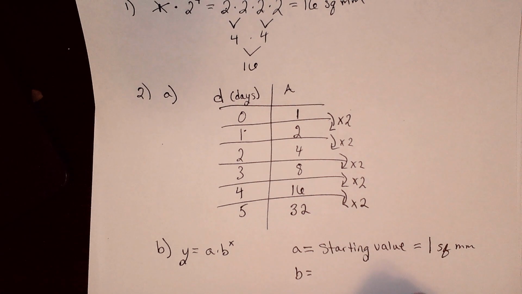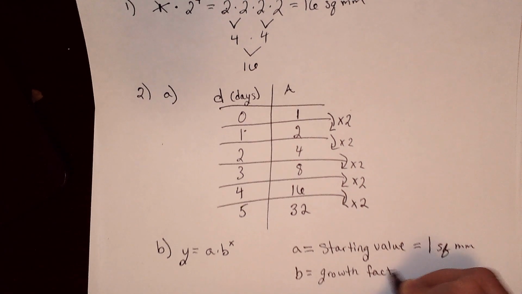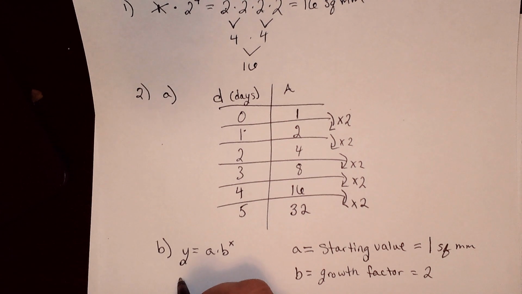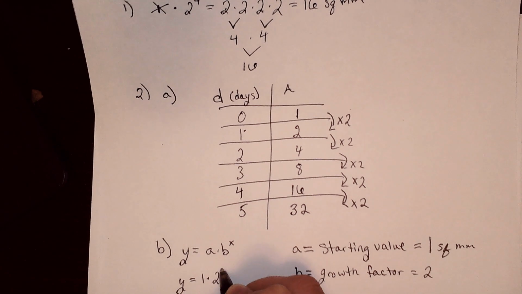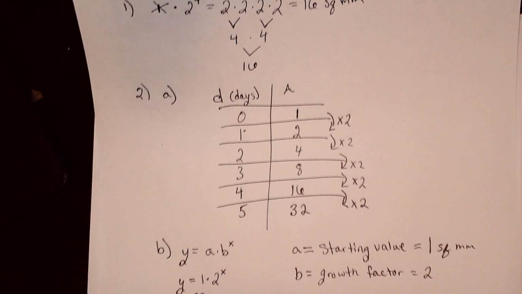B is our growth factor, and because it doubles every day, that will be 2. So our equation will be y equals 1 times 2 to the x, or we can drop the 1, it can just be y equals 2 to the x power.